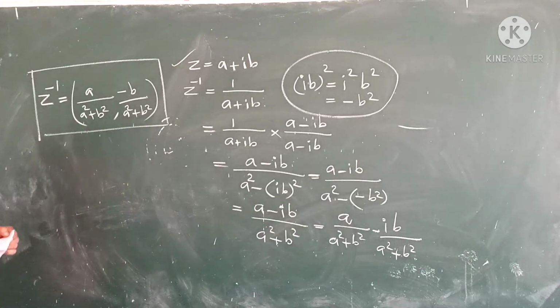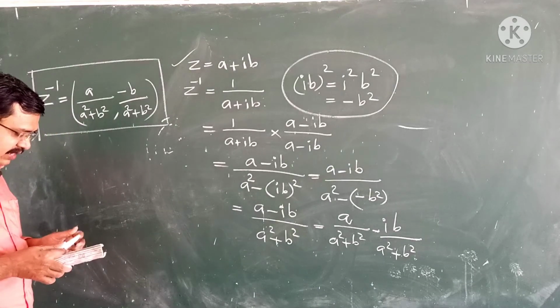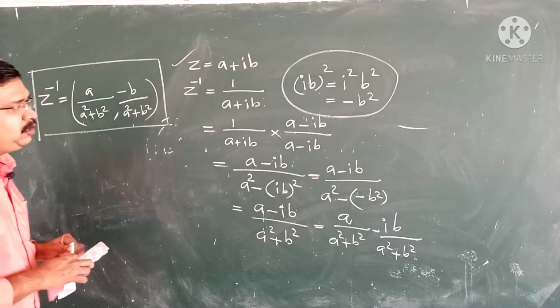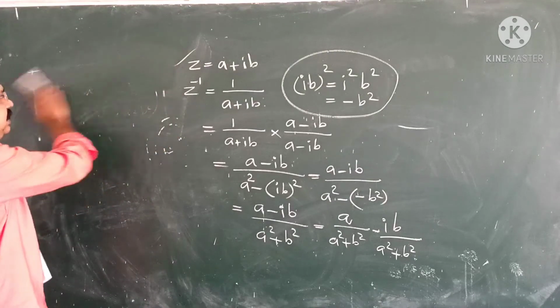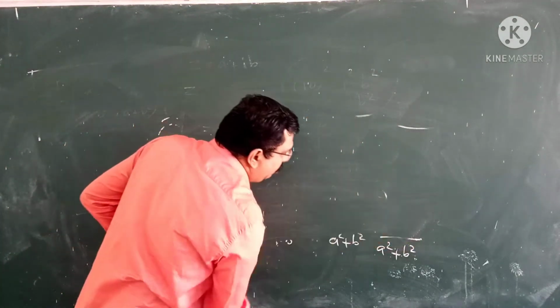Next is division by a non-zero complex number. The next section is division by a non-zero complex number.